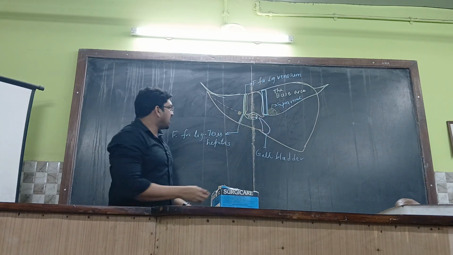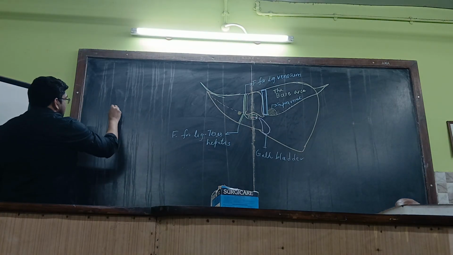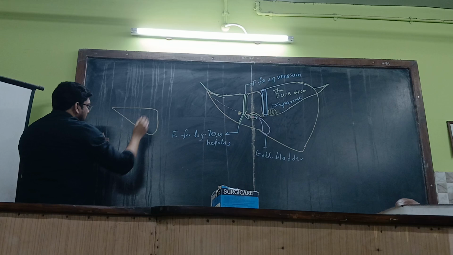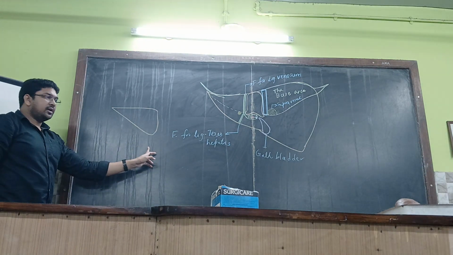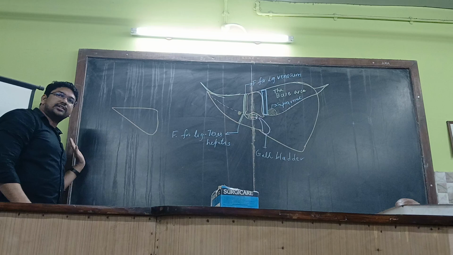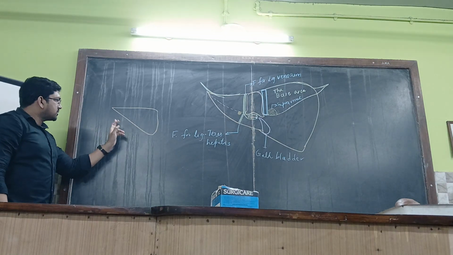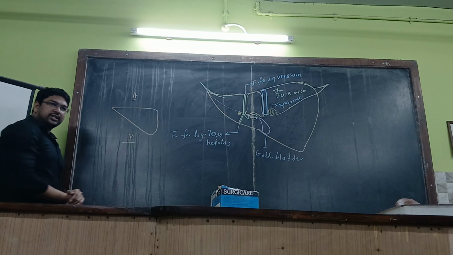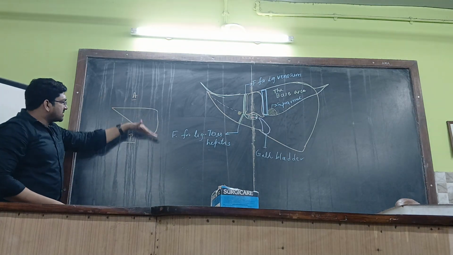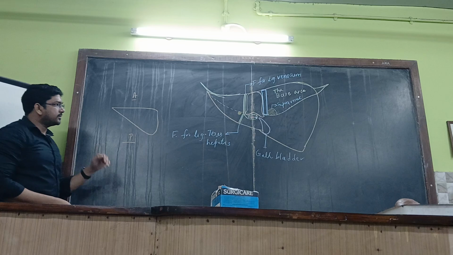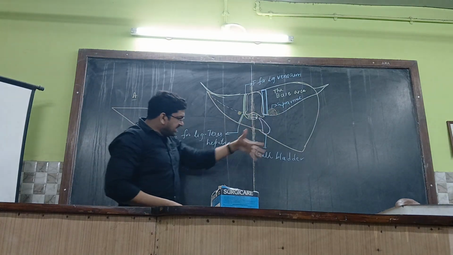We have seen in the liver yesterday that the anterior surface is in this manner, but the posterior surface is oblique. So this is the anterior aspect, and this is the posterior aspect of the liver. This is the anterior surface, and here is the posterior surface plus the inferior surface over here. So it is directed in this manner.